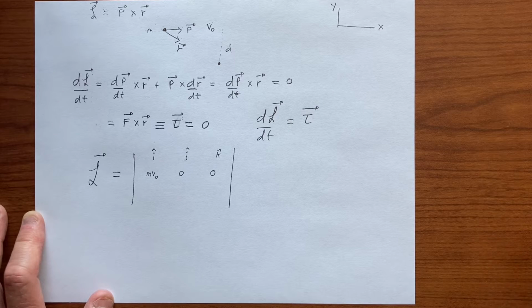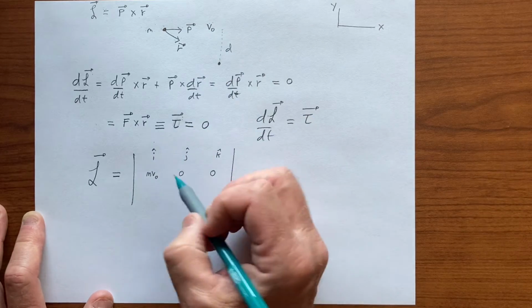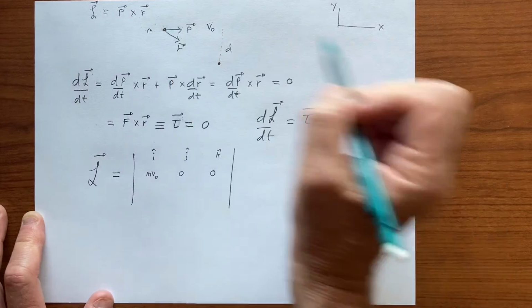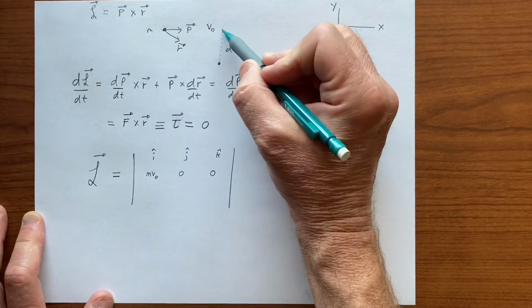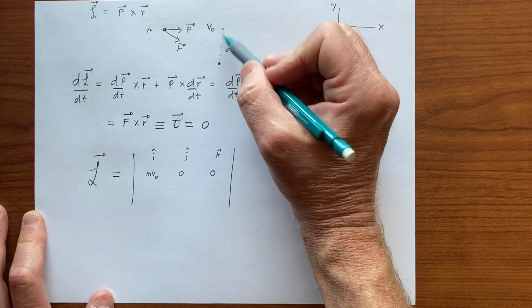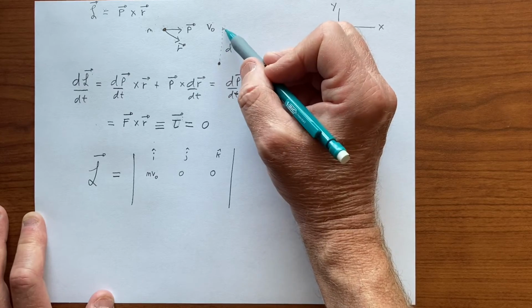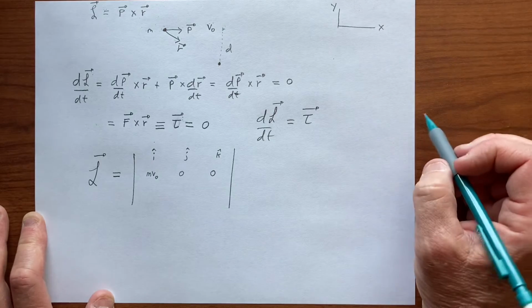And the position vector, well, we're doing a cross product, so we have to evaluate this. Maybe we can evaluate it in the simplest situation. So we imagine the particle moving this way. When the object is here, we are at a distance d from that point. And so the vector is that way. So it's easiest to evaluate the angular momentum at that point.